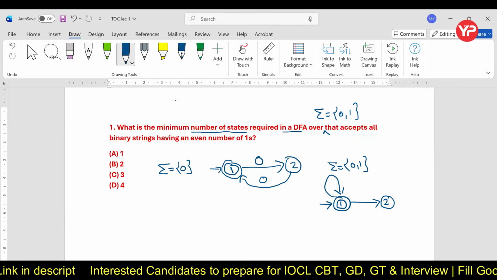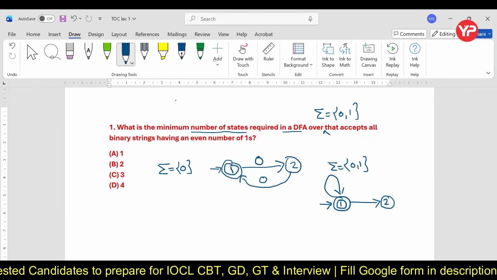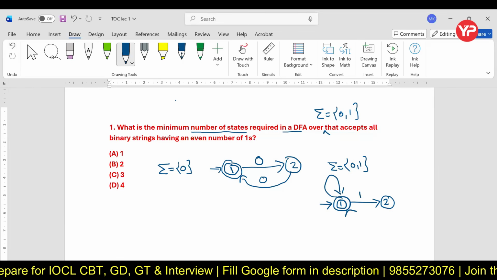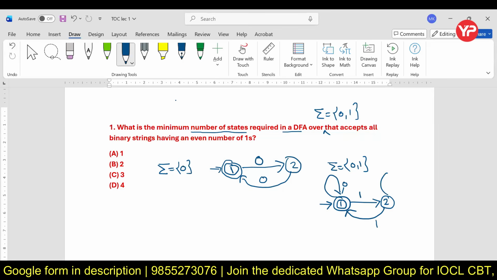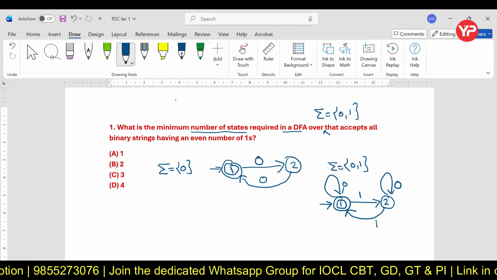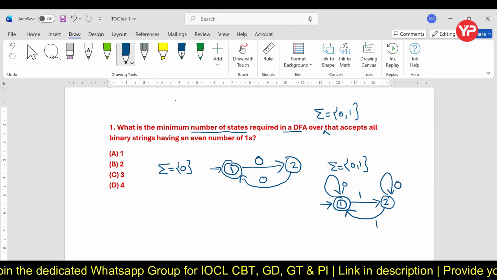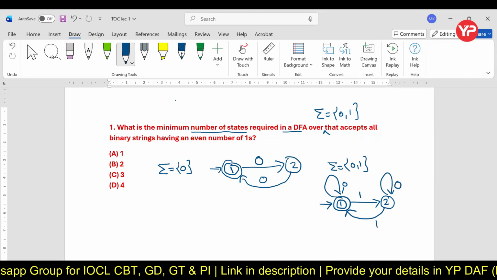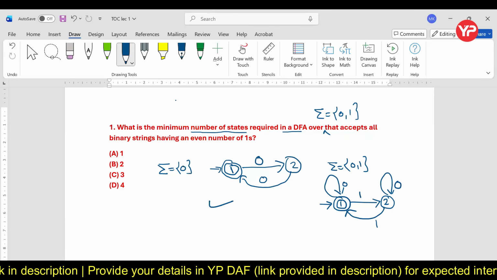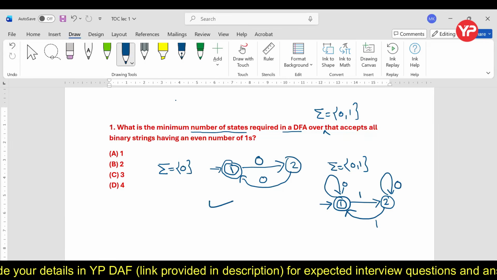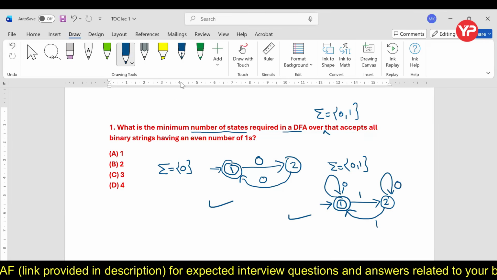I want an even number of ones, and then this is the case. But what about any number of 0s? Yes. So again, in case of an even number of ones, we require 2 states. This is the DFA with sigma as only 0, and this is the DFA with sigma as 0 and 1.